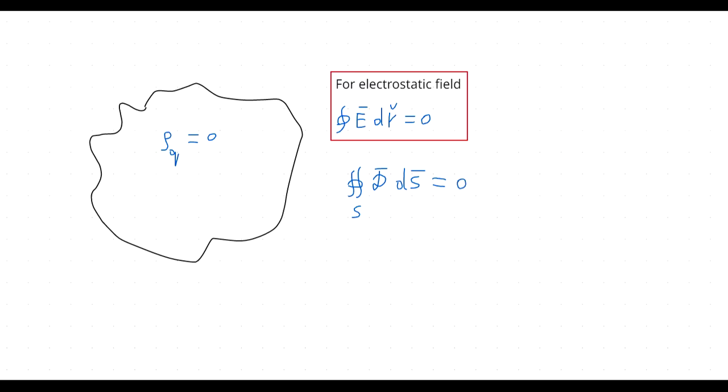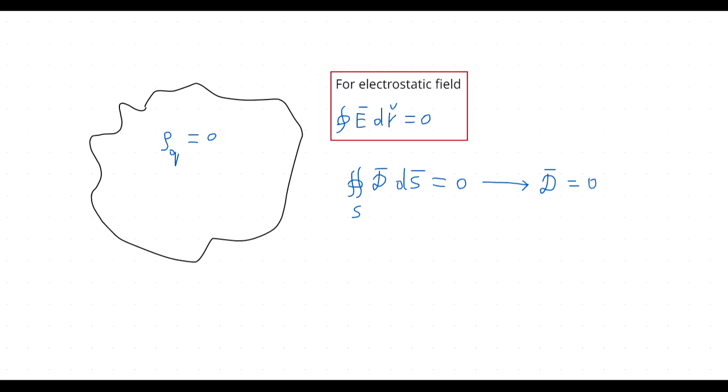And it means that inside a conductor the electric displacement vector is equal to 0.